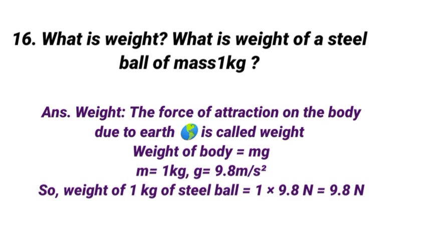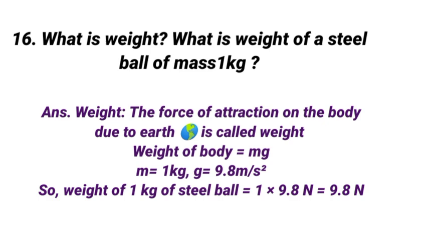What is the weight of a steel ball of mass 1 kilogram? Weight means the force of attraction on the body due to earth. So the gravitational force by which earth attracts an object is called weight. We already know weight of a body equals mg.